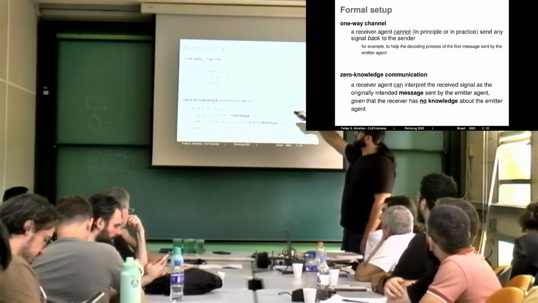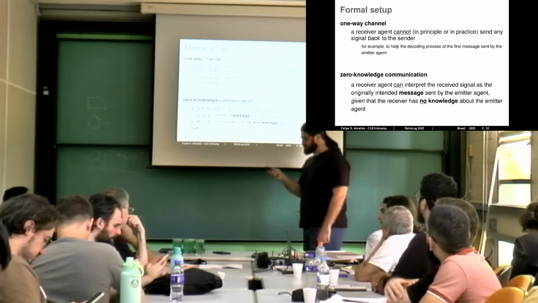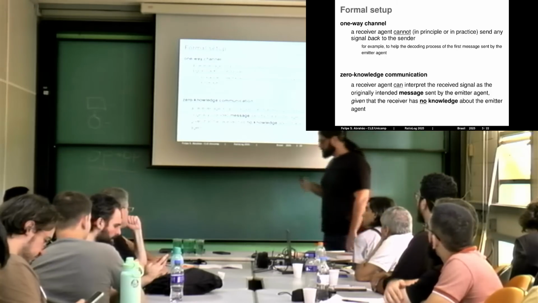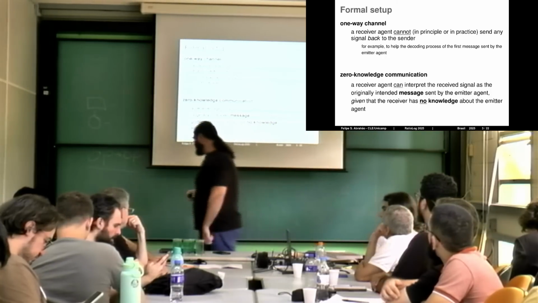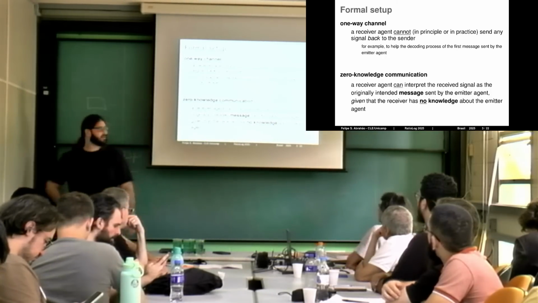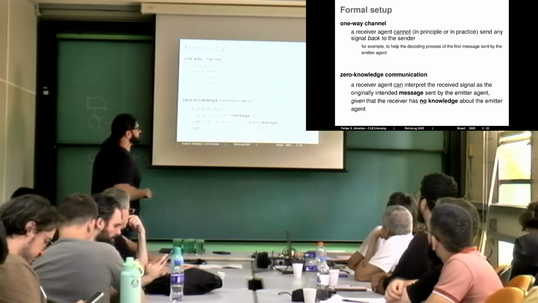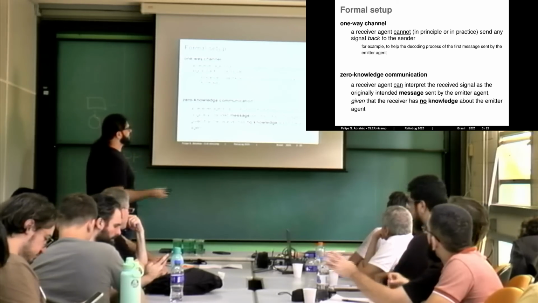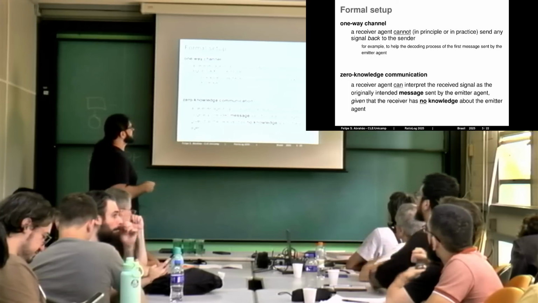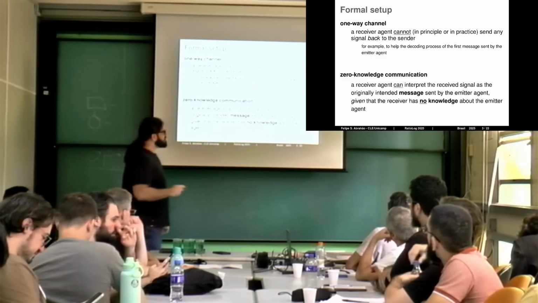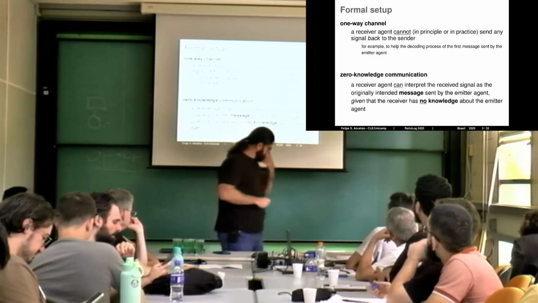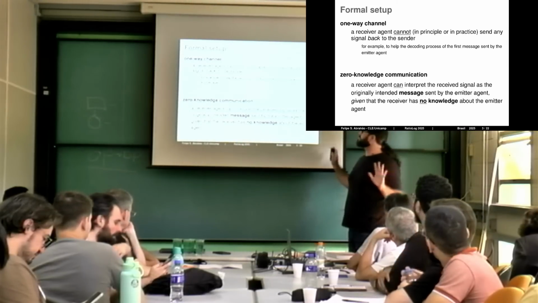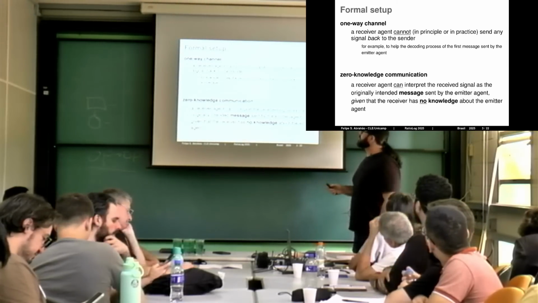This kind of property doesn't forbid you to achieve results. The zero knowledge communication property is the more interesting one, of course. That is what we have been explaining earlier, that the receiver agent has no knowledge about the emitter agent. So I think this is okay to understand, I believe.